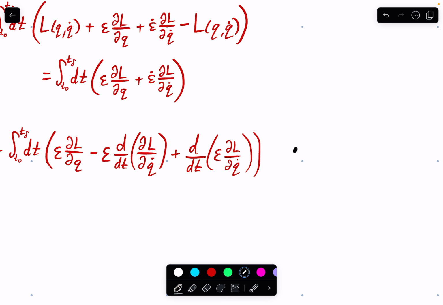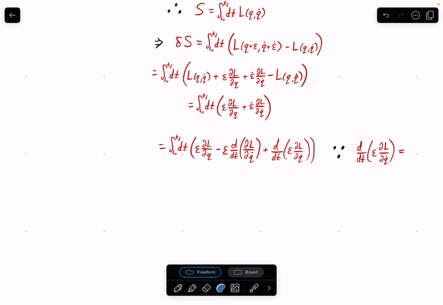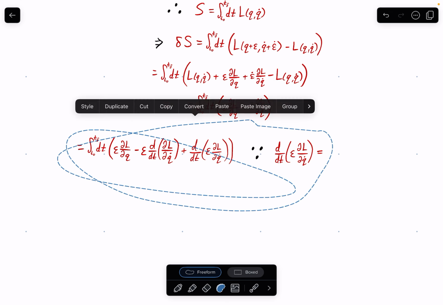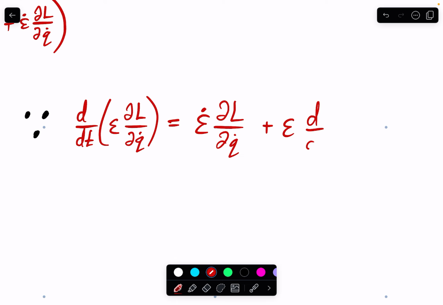So why can we do this? Because this might seem pretty ad hoc. Well, it's by using the product rule. The total derivative in time of epsilon ∂L/∂q̇ is equal to the time derivative of epsilon times just this, plus epsilon times the change in time of this quantity.